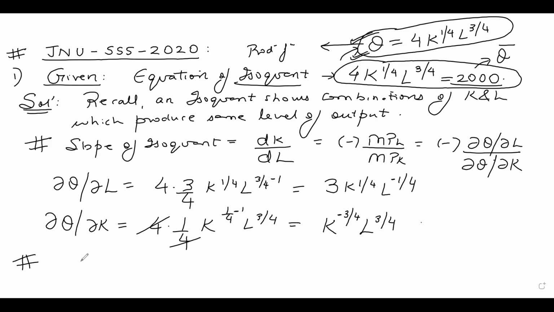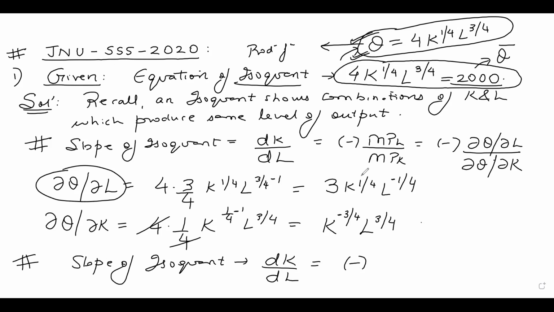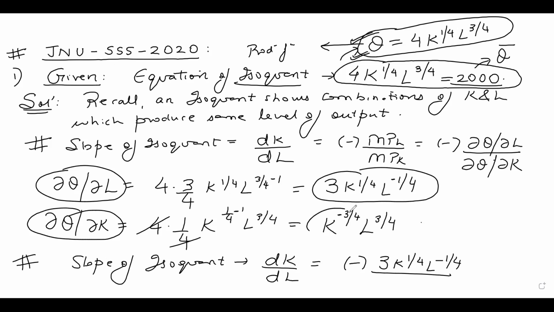So guys, the slope of the isoquant is going to be dK by dL, which is going to be minus del Q by del L, which is this term, divided by del Q by del K, which is this term.